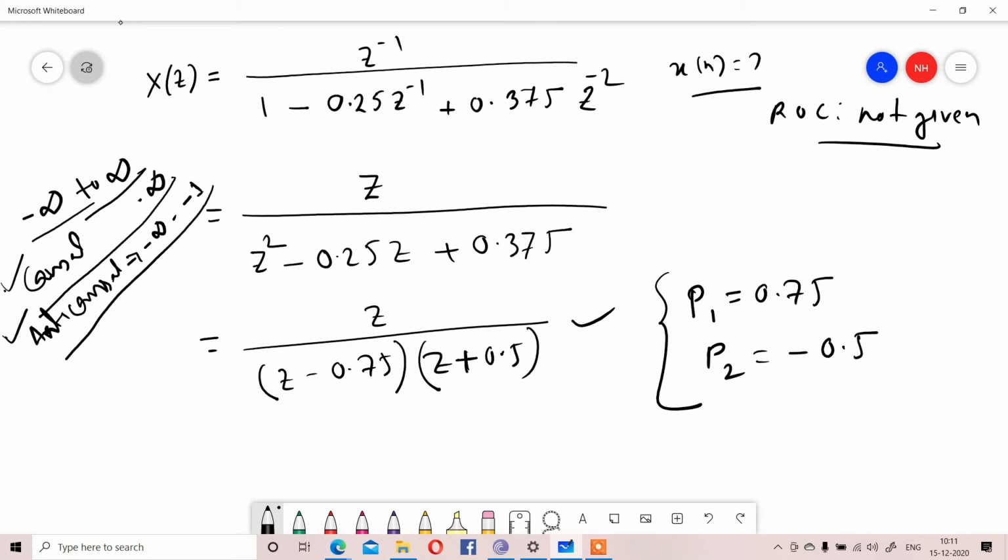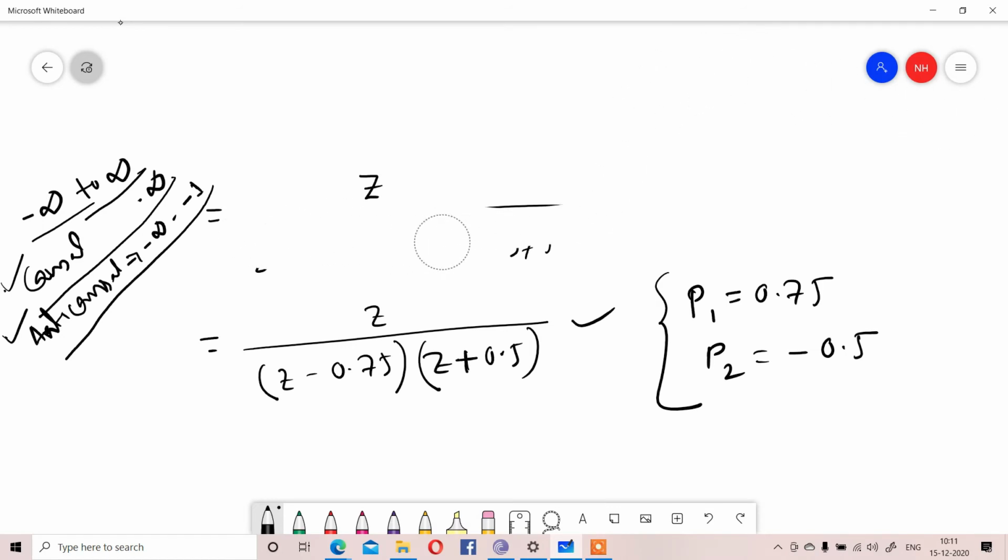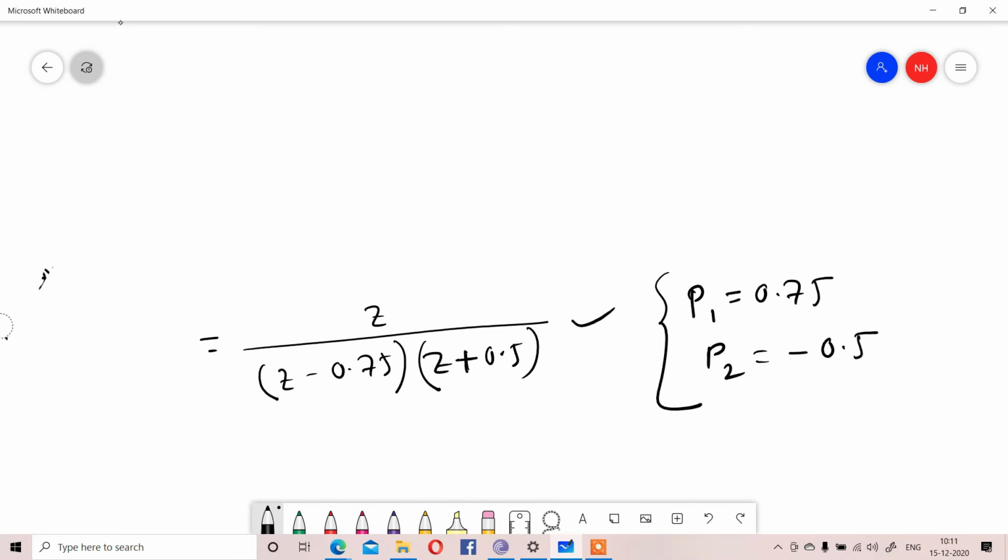Okay, so first consider the causal case. Suppose the system is causal, then we will consider the anti-causal case. The first case, the system is causal.